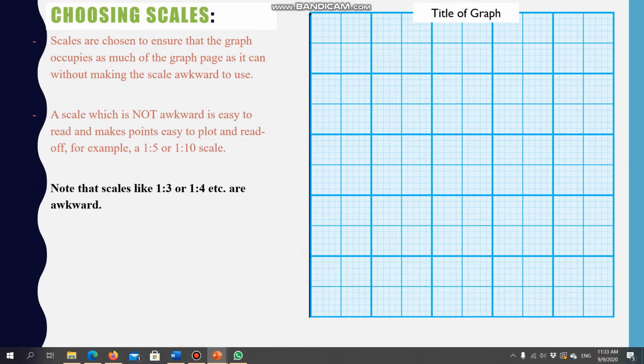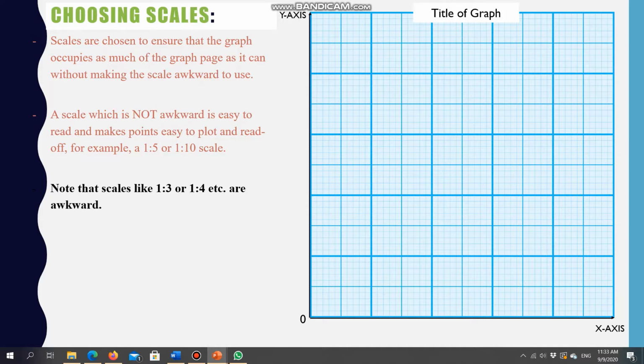Now, your vertical axis and your horizontal axis are called the y-axis and the x-axis. Now let's say you choose a scale of 1 to 5 on your y-axis.